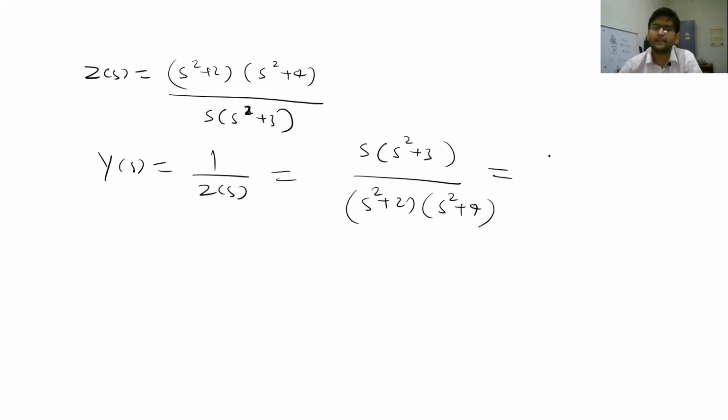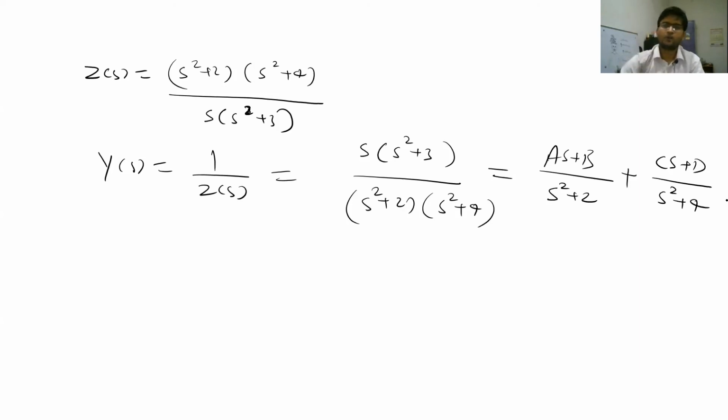So we can directly write as plus (bs) divided by s square plus 2. I hope you all know the rules of partial fractions. And then (cs plus d) divided by s square plus 4. So if you solve all this, I'm just going to write directly the answers.